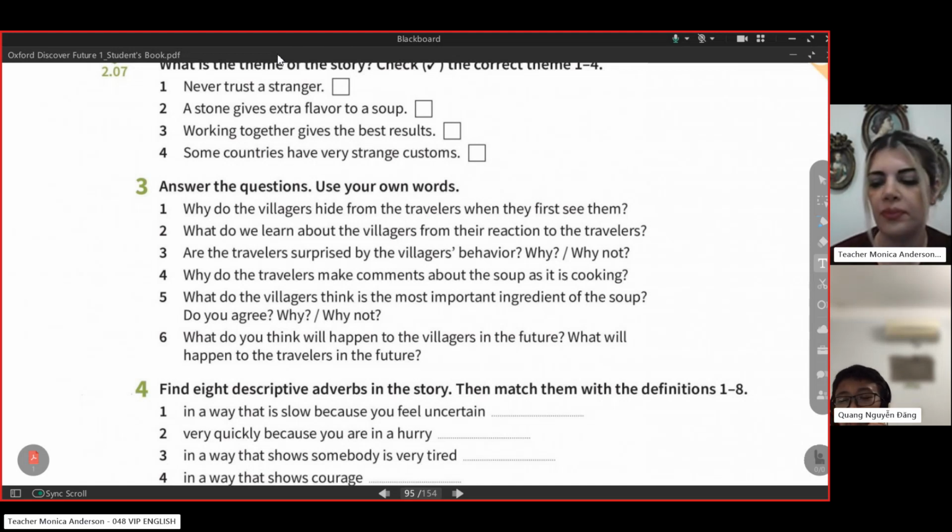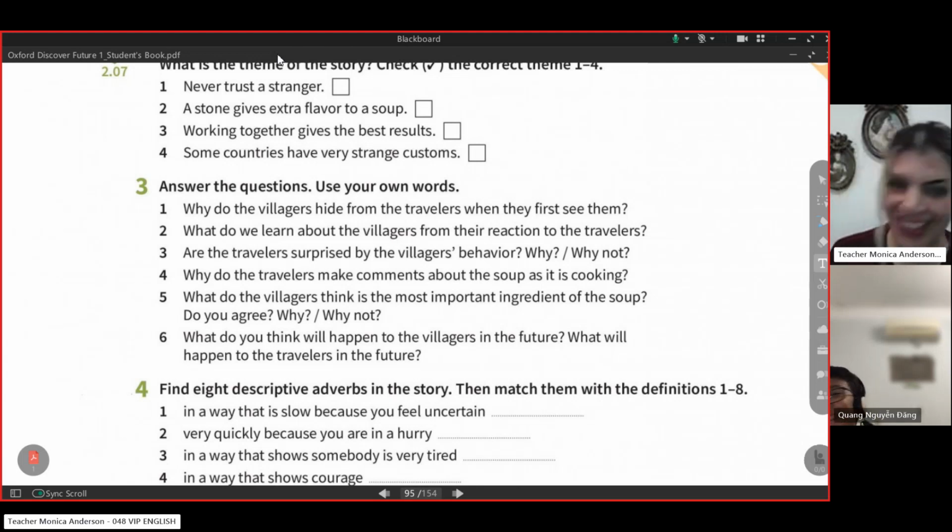Maybe I think I learned nothing about the villagers. We read the story. Why don't we learn anything?